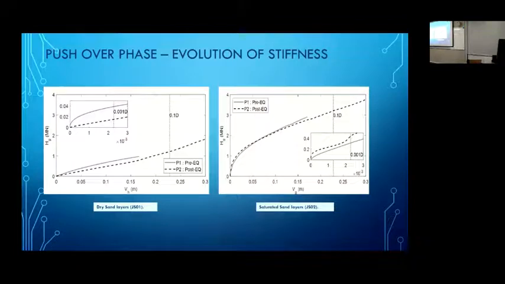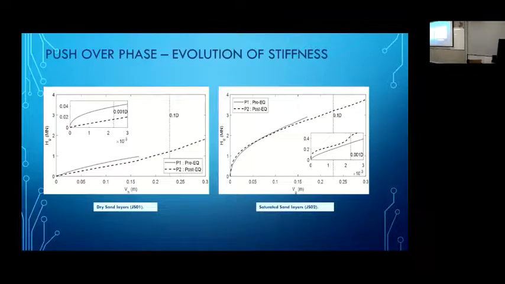But what we did was, if I pushed the pile in a dry sand, you get the initial stiffness before the earthquake. Pre-earthquake is this line here, and that is stiffer compared to the post-earthquake. So post-earthquake, the stiffness has dropped in the dry case.